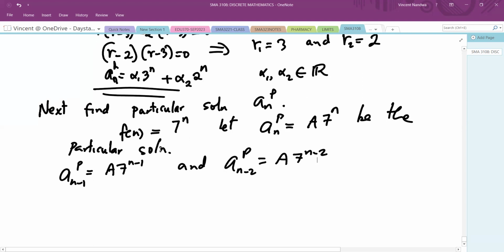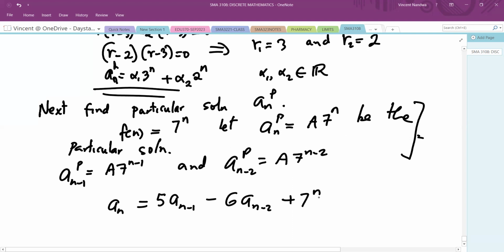So with these values in the original difference equation, which was a_n equals 5a_{n-1} minus 6a_{n-2} plus 7^n, because we are saying that these are particular solutions, it means that they satisfy the original non-homogeneous equation.